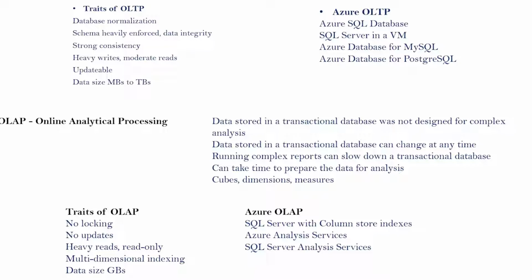Now what kind of services do we have? SQL Server with column store index, SQL Analytics service, SQL Server Analysis service. These are services which are in a way equal in logic and appearance to the OLTP ones, but these are designed to serve this requirement.